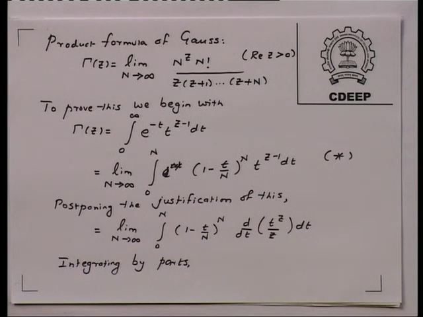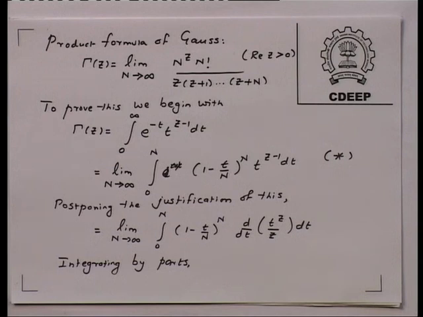Write t to the power z minus 1 as d dt of t to the power z by z and integrate by parts. What do you get? The d dt will go from that term to this term. There will be a boundary term, right? What will be the boundary term? At 0, t to the power z by z will go, and at n the other term, 1 minus t by n raised to the power n, will disappear.